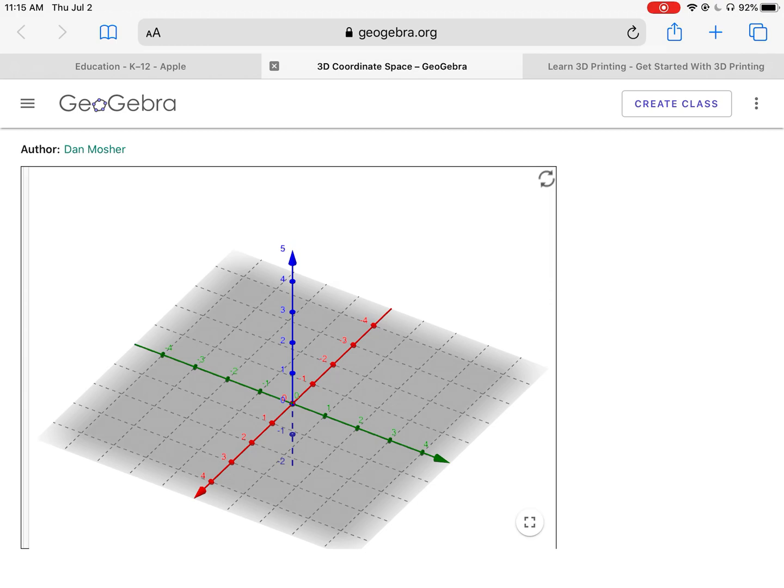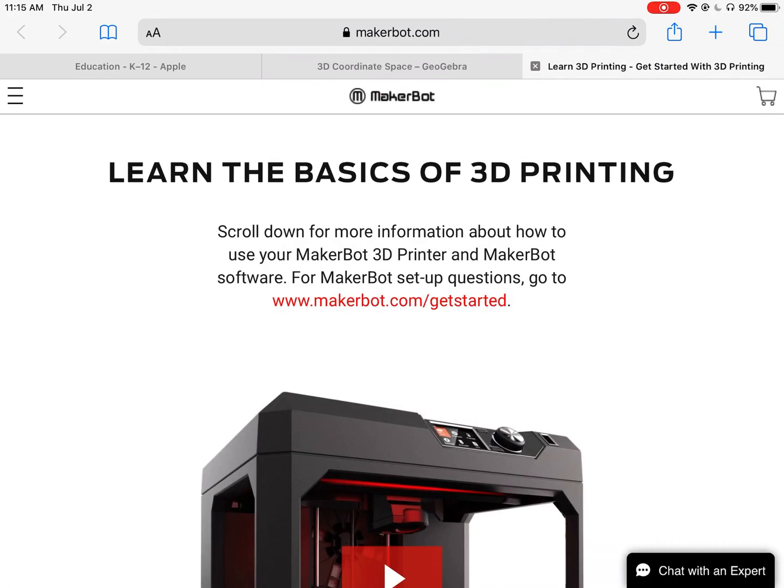Now, there's, of course, endless applications to plotting and graphing in 3D in coordinate space. I think a really cool application is in 3D printing, okay? So here is a website. This is a MakerBot 3D printer, and on the website they talk about just some of the basics of how 3D printing works.